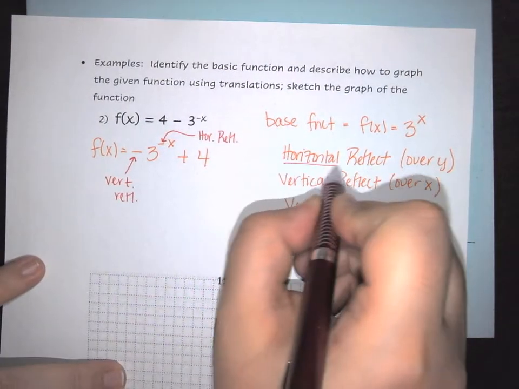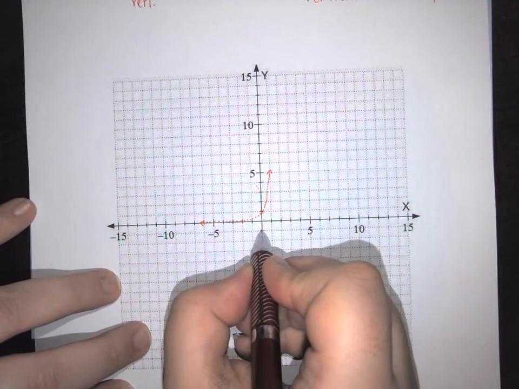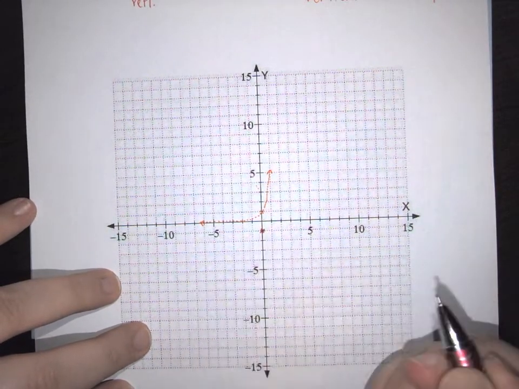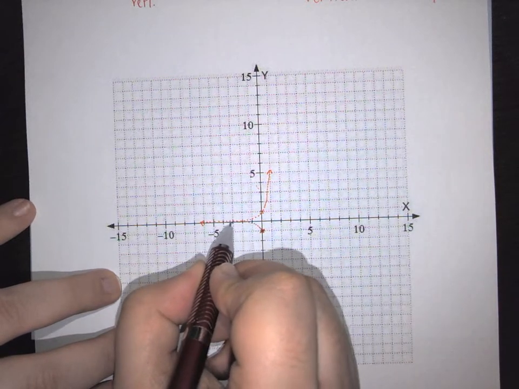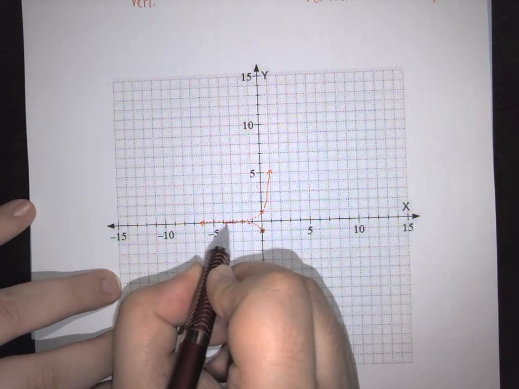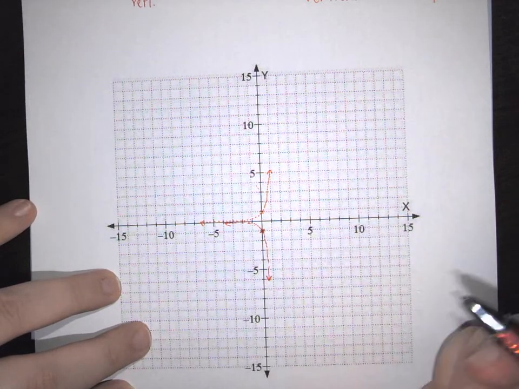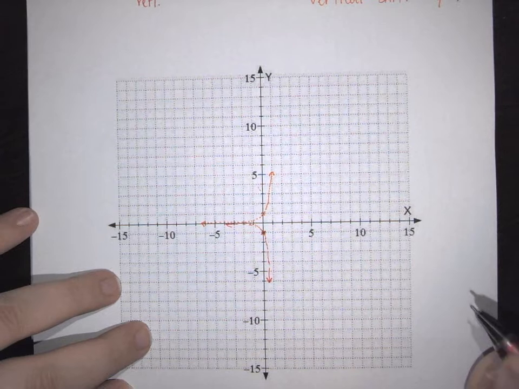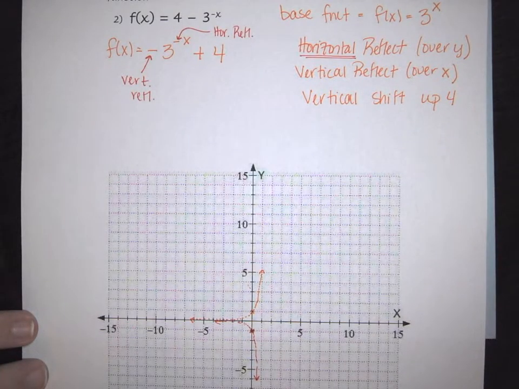So if I look at this horizontal reflection, it's going to move my base graph so that it is down here. And then my reflection says it's going to come up towards the x-axis here, and it's going to shoot down in this direction here. And so that is the very first movement that we have, is that horizontal reflection.